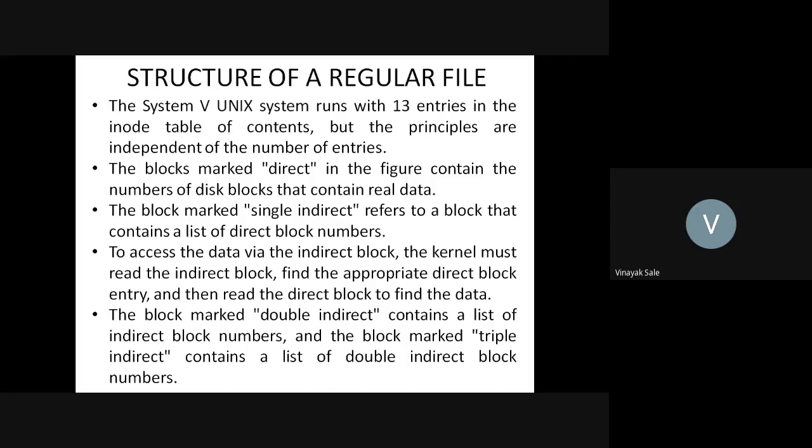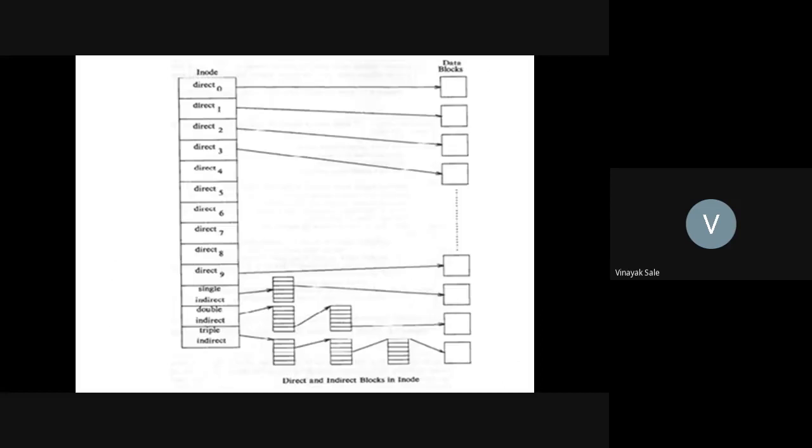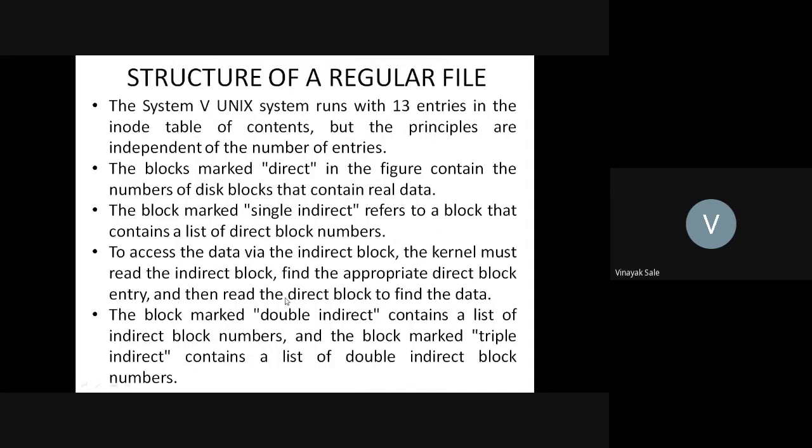To access data via an indirect block, the kernel must read the indirect block to find the appropriate direct block entry, then read the direct block to find the data.